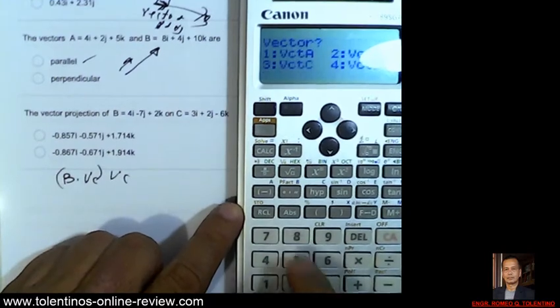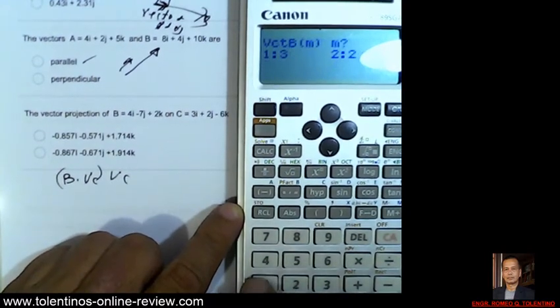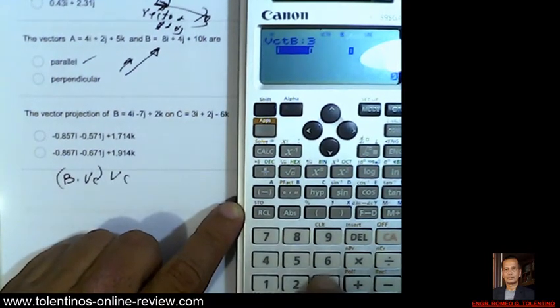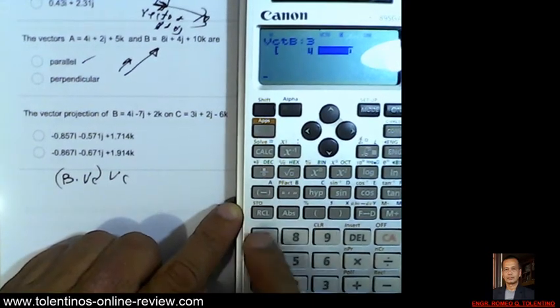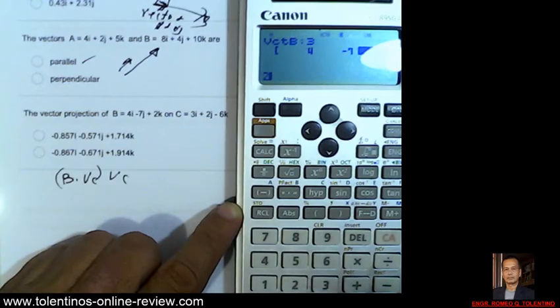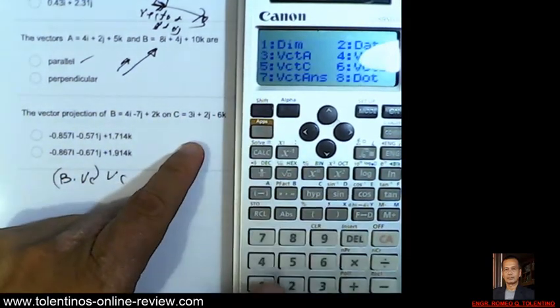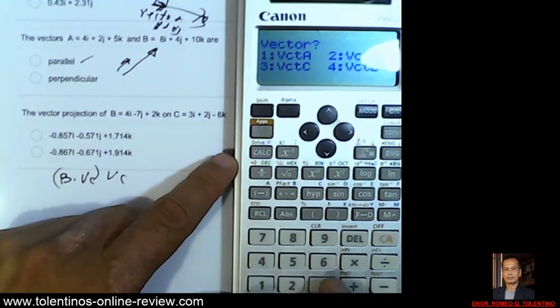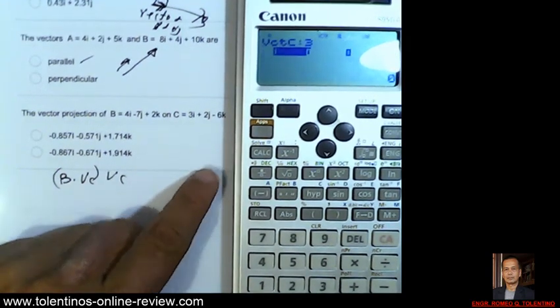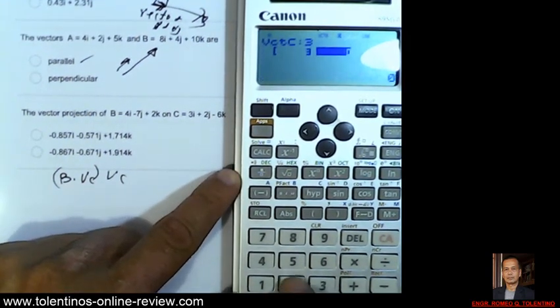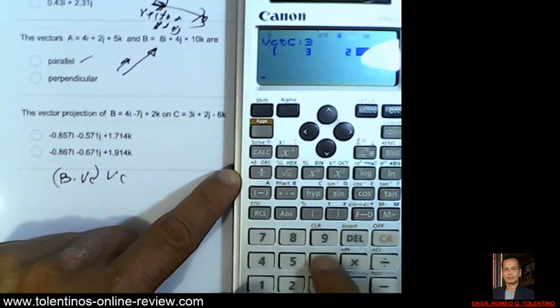Mode 8, 2, 1. We have 4, negative 7, and 2. And then vector C, shift apps dimension vector C 3, 1, there will be 3, 2, and negative 6.